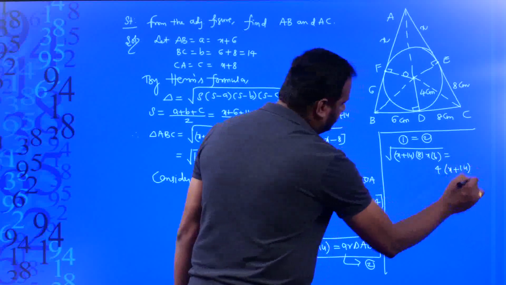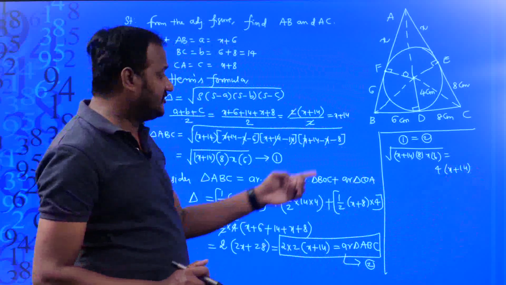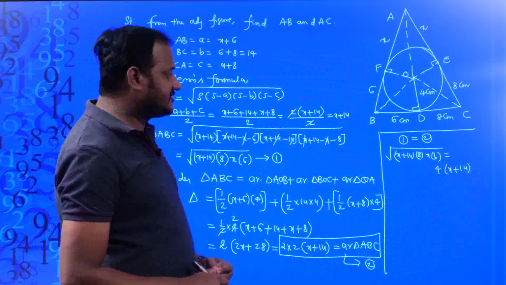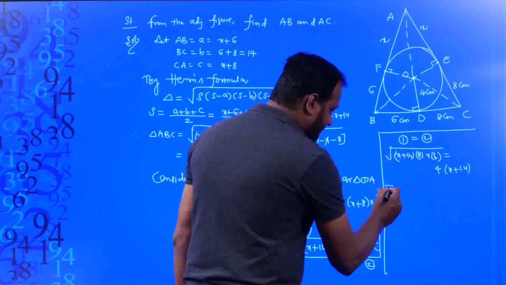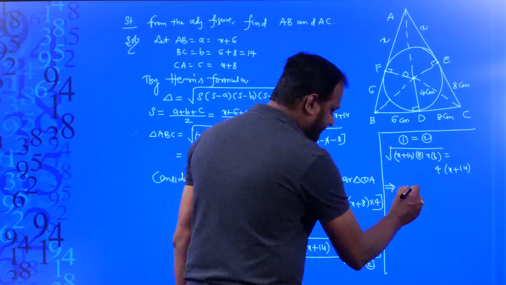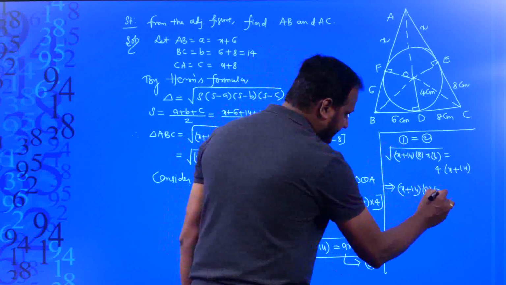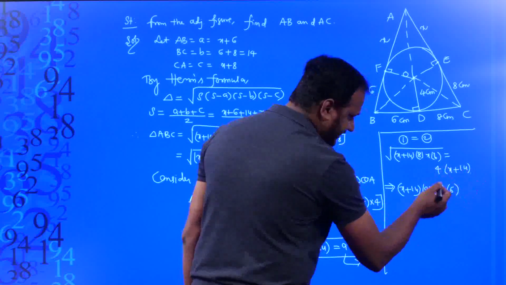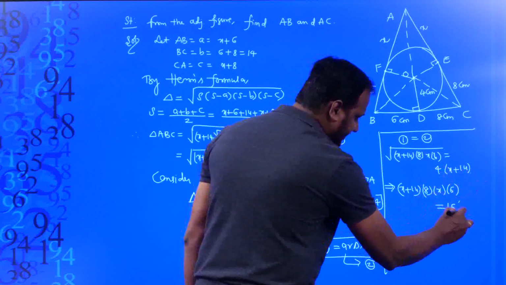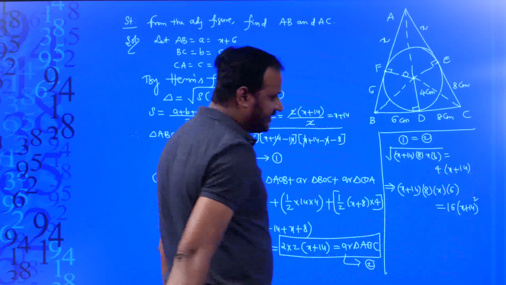In order to simplify this, I should square it on both sides because you have a square root here. So when I square on both sides, the square and root get cancelled, left with x plus 14 into 8 into x into 6, which is equal to, when you square the right hand side, 4 square is 16 times x plus 14 whole square, right?